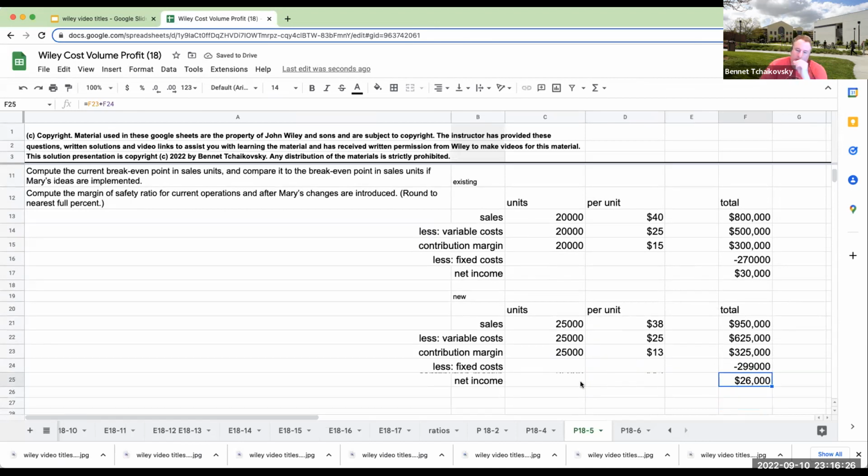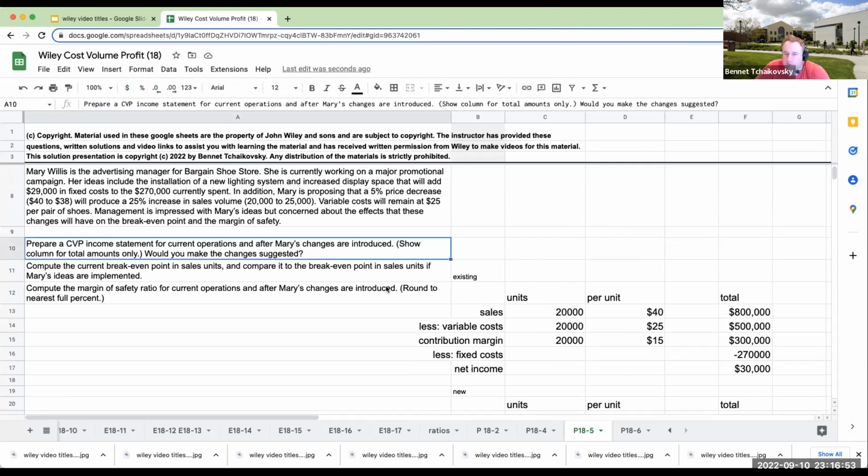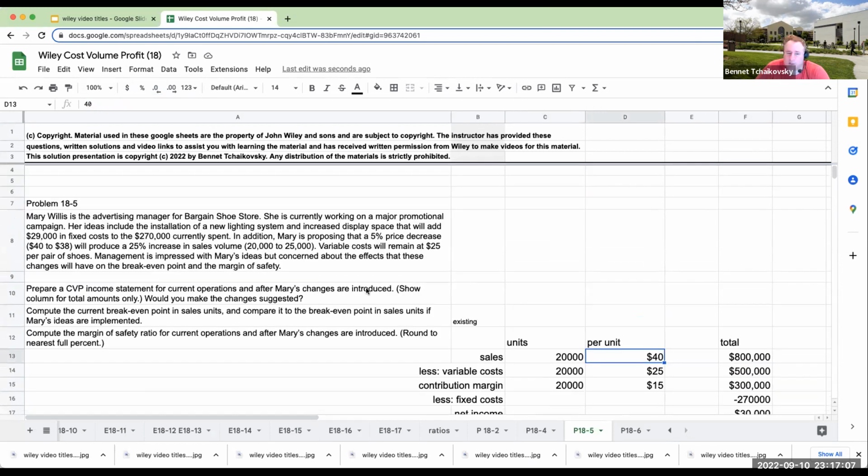I have a strange feeling I've seen this question before. By decreasing the sales price and increasing the fixed costs, we're actually losing money. So Mary's idea, from a financial standpoint, doesn't make a lot of sense. So would you make the changes suggested? Absolutely not, because you're losing profitability by adding those fixed costs and decreasing the sales price per unit. It's not going to be good.